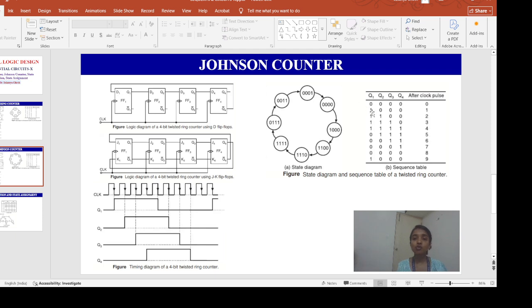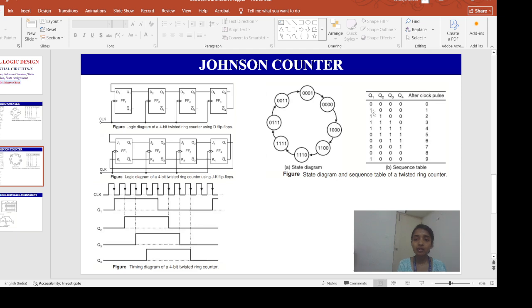Q1 will change to 1, and then the level of Q1 will get shifted to Q2, Q2 to Q3, Q3 to Q4, and then Q4 bar goes to Q1. If Q4 is 0, Q4 bar will be 1.